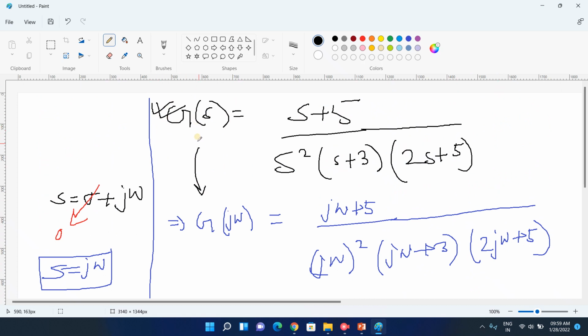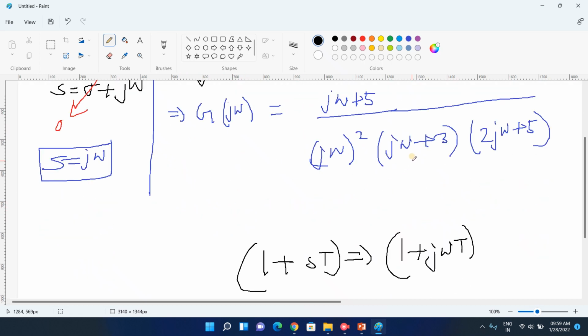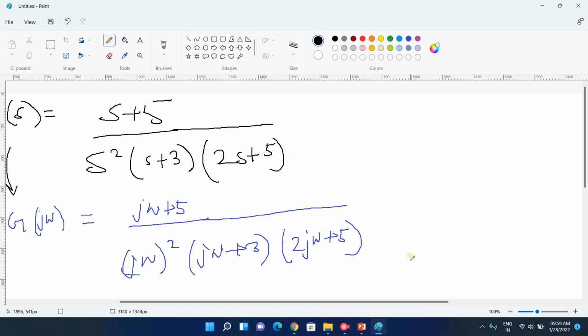So step number 1: whenever you have a transfer function in s domain, convert it into the frequency domain, replace s by j omega. Step number 2: represent each term in the form 1 plus j omega T.